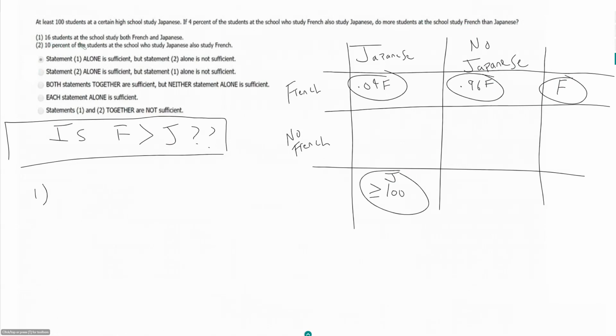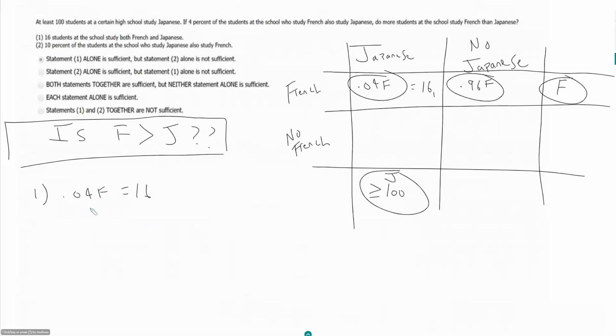Statement 1: 16 students at the school study both French and Japanese. So that means this 0.04F here is equal to 16. Now I have to be careful because this 16 comes from statement 1, but the 0.04F comes from the prompt.